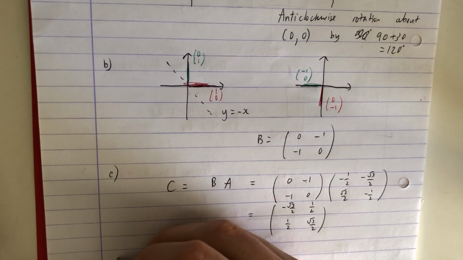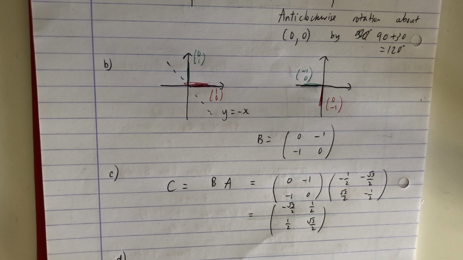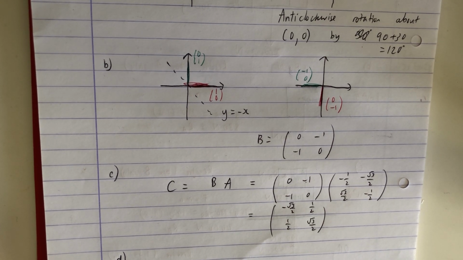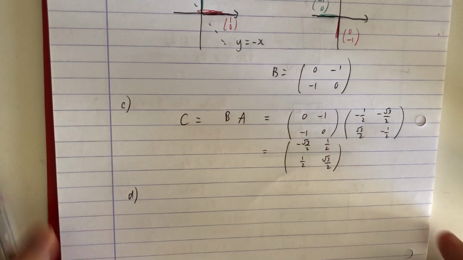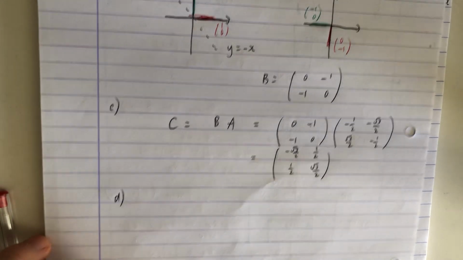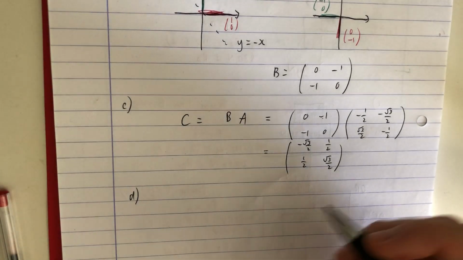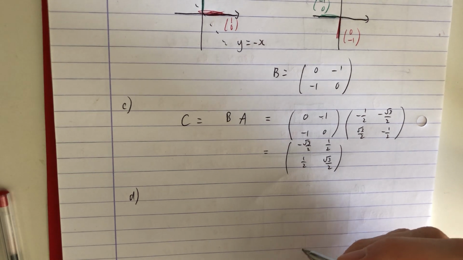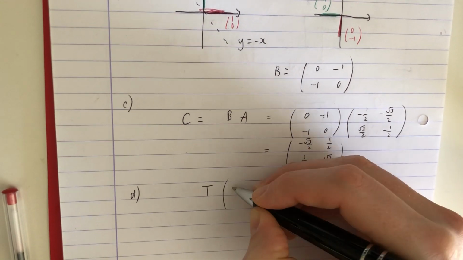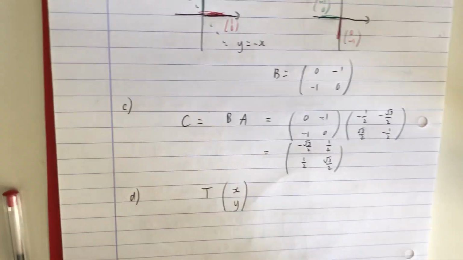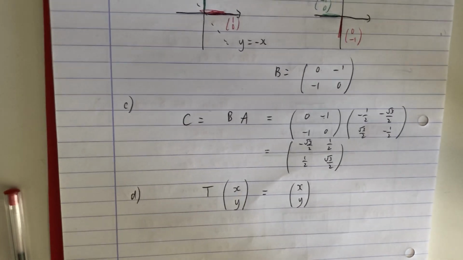Then part D, show that there's a real number k for which the point 1, k is invariant under T. Okay. Alright, let's try and do this. So invariant would be, if you did T of x, y, an invariant point would be mapped to itself.